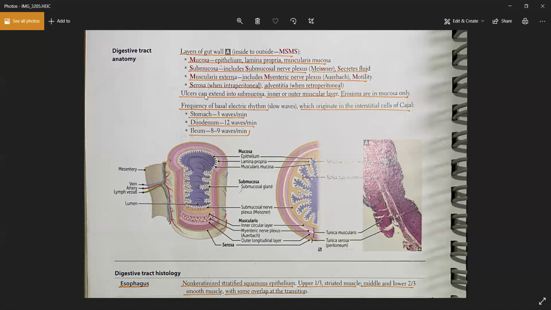Any doubt on these layers? I have one question. Is the peritoneum also made up of mesothelium? Is it made up of mesodermal tissue? There is a kind of cell called the mesothelium which makes the pleura also.